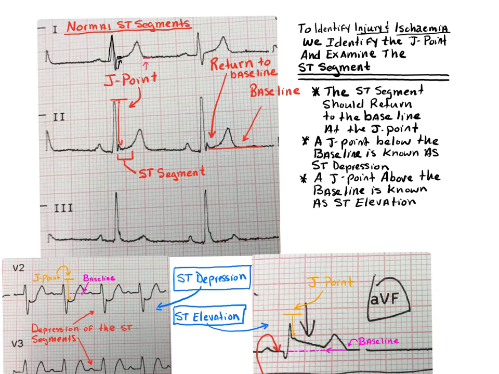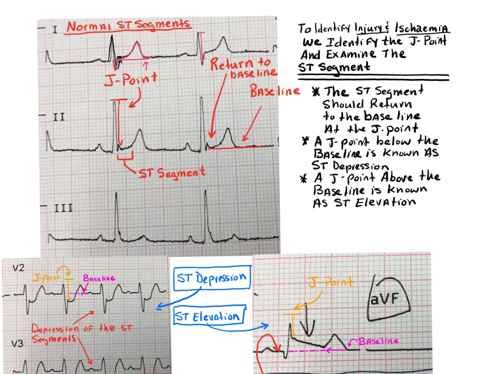You see that? Right there, up on top, lead 1. That's the baseline. And then I'm going to draw that back here. And do you see how the S wave comes up to that baseline before going into the T wave? You guys see that okay? Could you imagine that there's a little J that fits in there, and that J should come up to the baseline, and then you have your T wave.